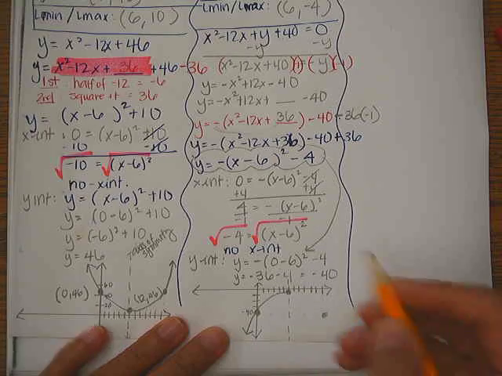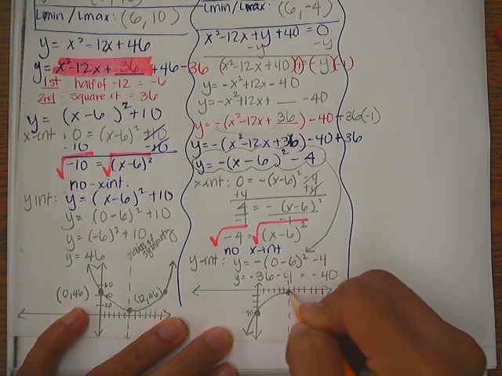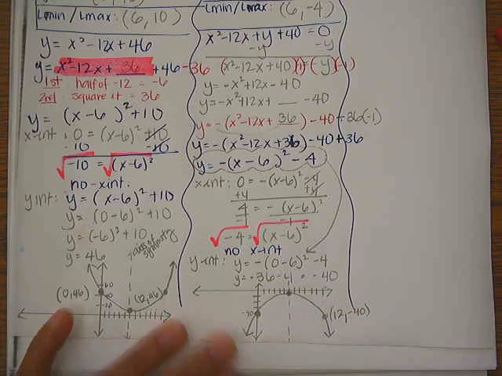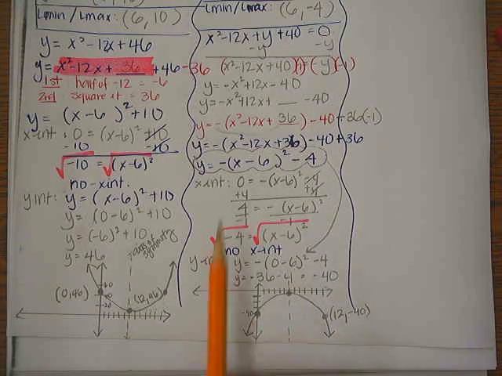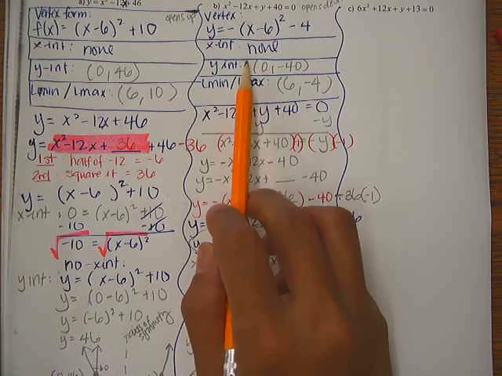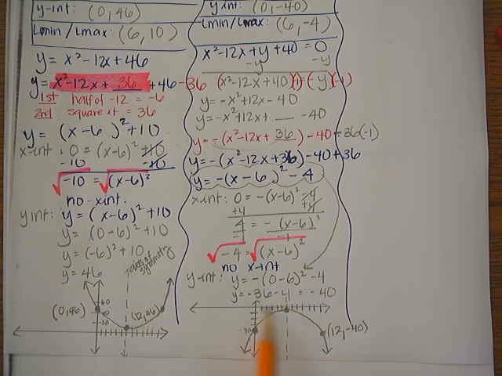So here's my other dot. So label this 12 comma negative 40. Okay, there you go. And let's see if it matches our answer. We have one y-intercept, which we have. We have no x-intercepts at all, which explains why we are not touching or crossing over the x-axis. So that makes a lot of sense.